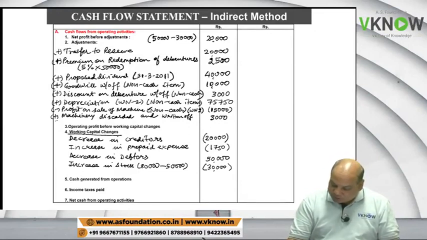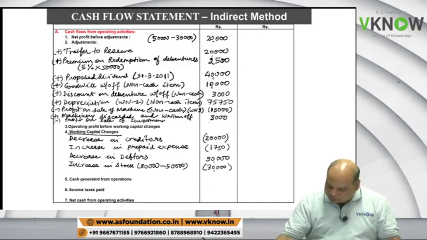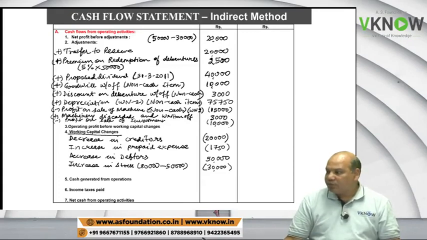So adjustment, write down less profit on sale of investment, in bracket 10,000. The reason is non-cash item.